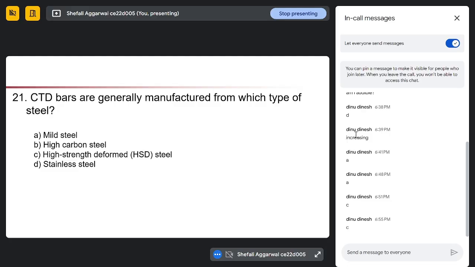Any idea? So CTD bars are cold deformed bars. They are actually made from high strength deformed steel. Normally, how we make 415 or 550 rebars from the same high strength deformed bars, we make cold deformed rebars.